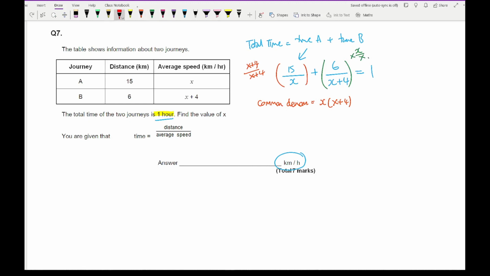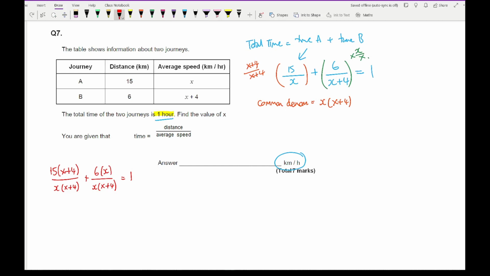So doing all of that, and let me just do this over here. So what I end up with is 15, and then it's going to be x plus 4 over x, x plus 4 plus 6x over x plus 4, and that all equals 1.